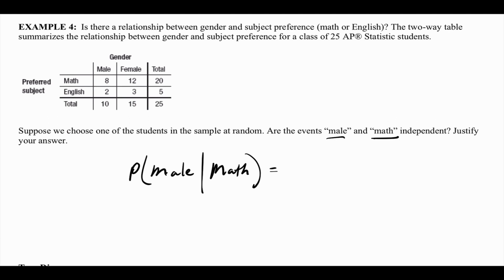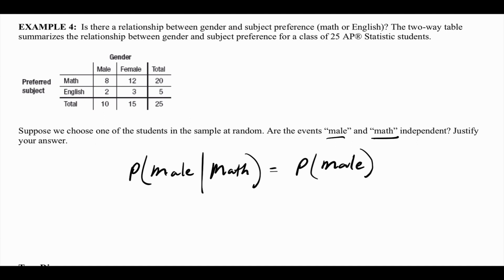Again, for independence, it doesn't matter which one comes first, which one comes second, as long as you're consistent. So whatever comes first, that's also going to come here. So if you would have switched them, math first, male second, then you would have also switched the second one.